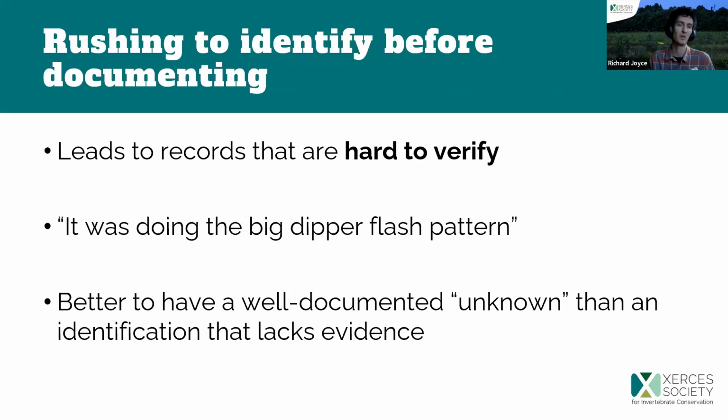This is a mistake that I'm sometimes guilty of, and that is rushing to identify a firefly before I document it. This leads to records that are hard to verify and sometimes a little circular in logic.